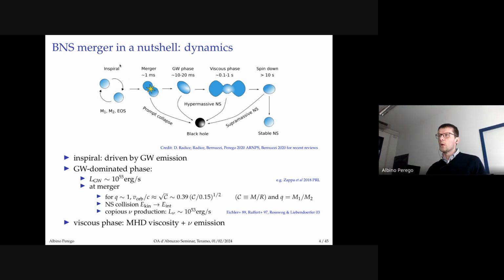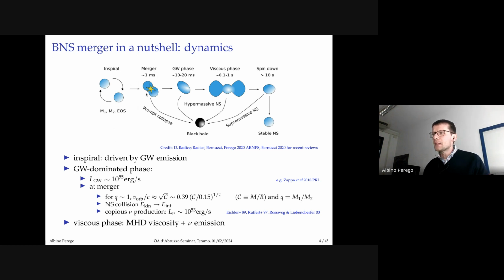So this is the so-called merger phase. Despite the fact that this cosmic dance can last 1 gigayear or several gigayears, the final phases are extremely fast, because this is the dynamical timescale of a binary system at merger. The merger phase happens when practically the two stars touch each other. And here the typical dynamical timescale is of the order of 1 millisecond.